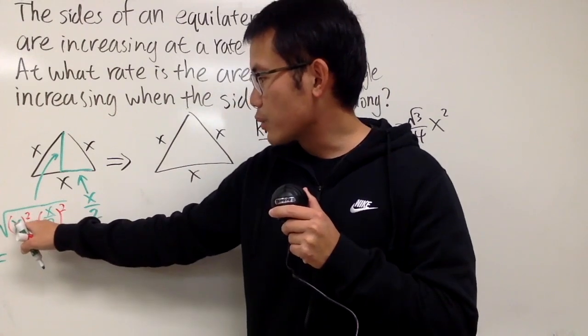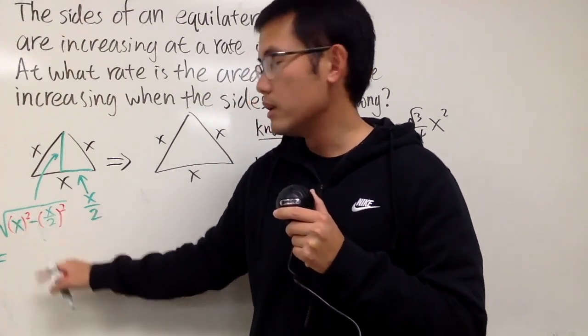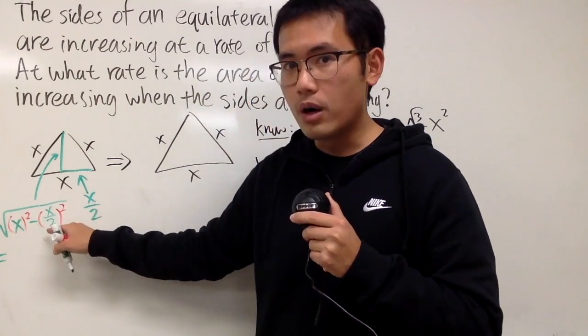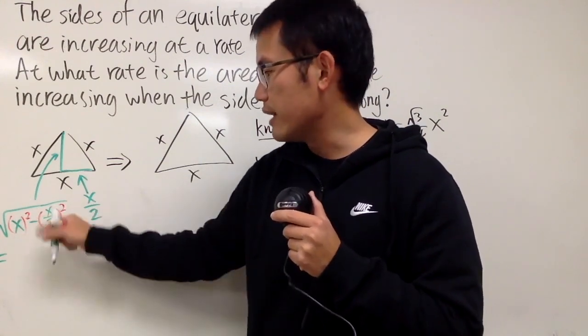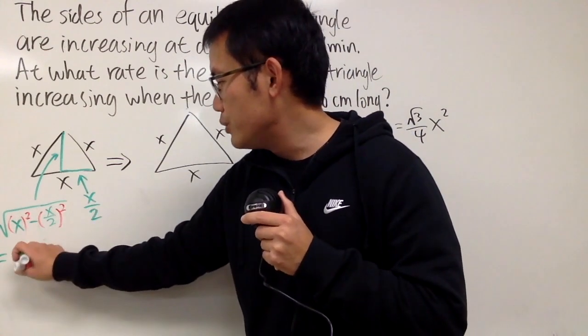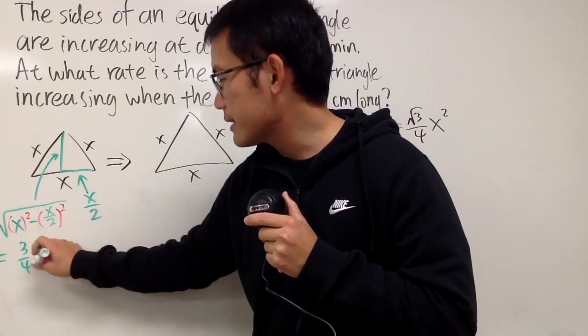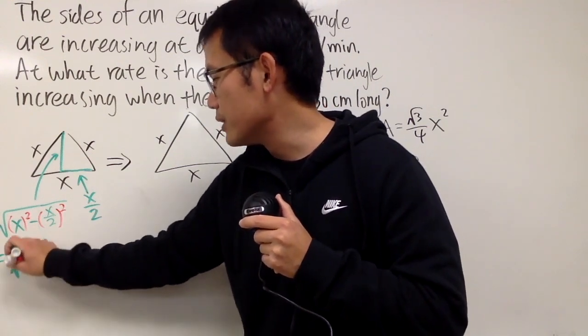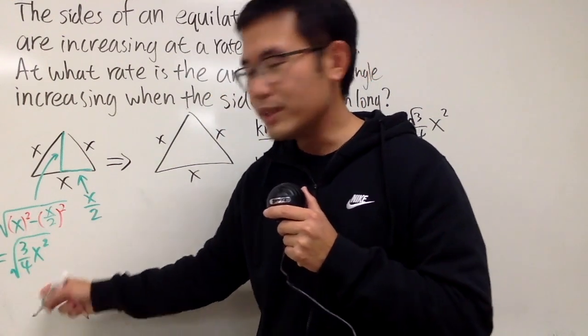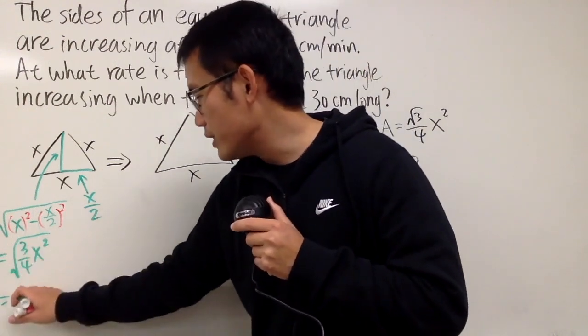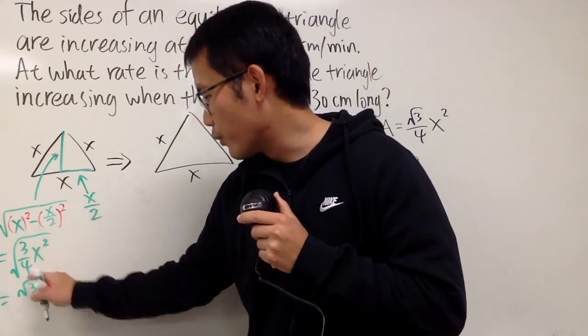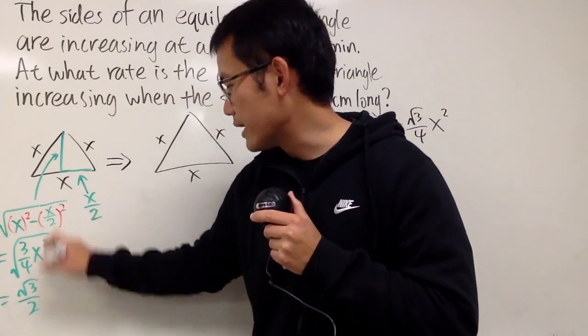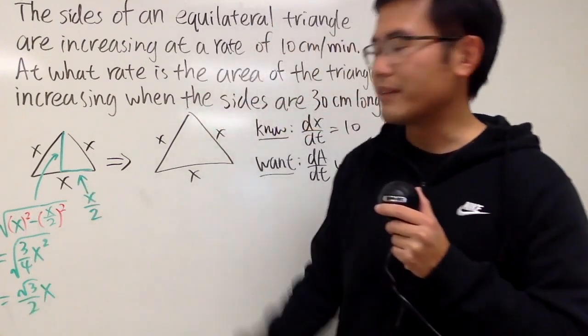This is like saying x squared minus x squared over 4. So it's like 1 minus 1 over 4, which is 3 over 4. And don't forget the x squared term. So we have 3 over 4 x squared, and this is still inside of a square root. Do the square root: square root of 3, and then square root of 4 is 2. And then square root of x squared, of course, we take the positive, so we have that.